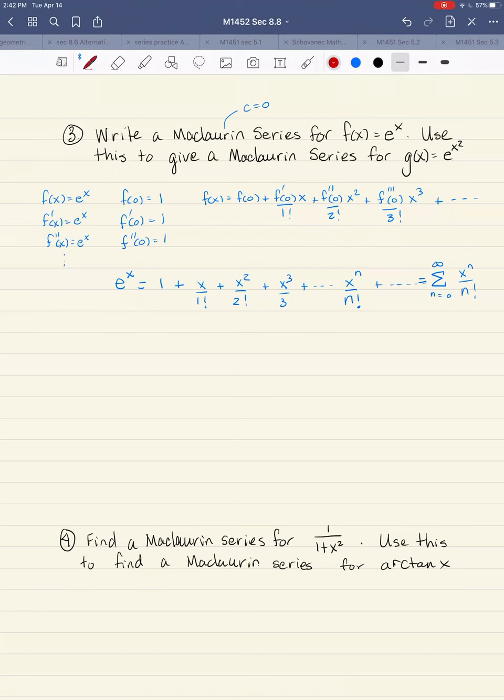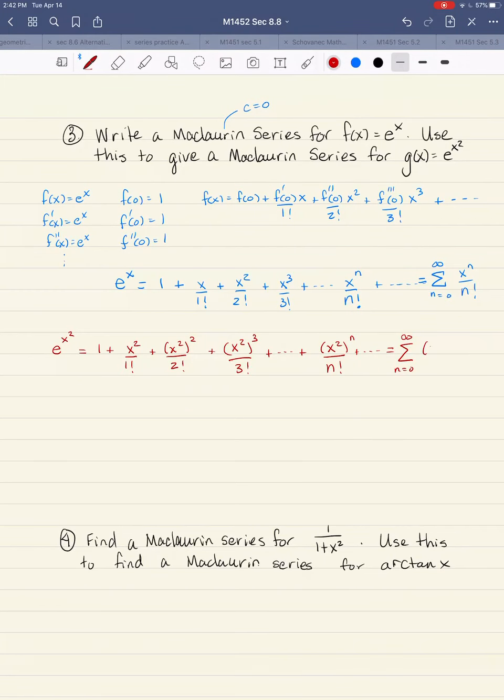So in this one, I want to give a Maclaurin series for g of x. Let me do that in red. E to the x squared can be obtained by replacing each x with x squared. So I'm going to have x squared over 1 factorial plus x squared squared over 2 factorial plus x squared cubed over 3 factorial. Oops, I lost a factorial here. And the general term would look like x squared to the n over n factorial.